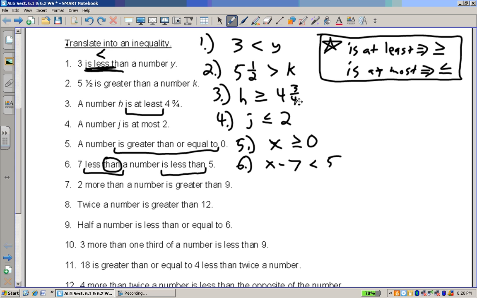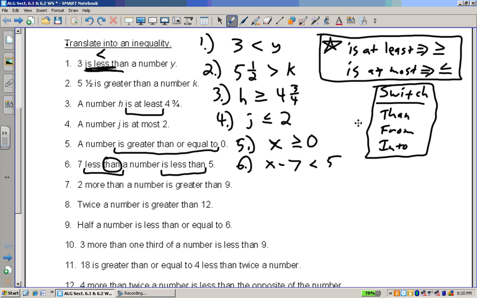Than, from, and into are my traditional switch words. And of course, you have to be careful using just a cookie cutter approach. But traditionally, if you see than, less than, fewer than, from, and into, those generally tend to throw students off. Traditionally, they are a situation where you'll switch the two.